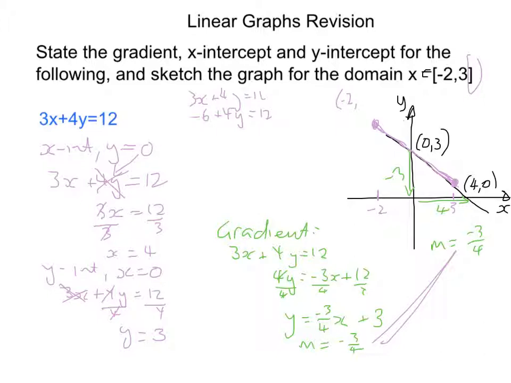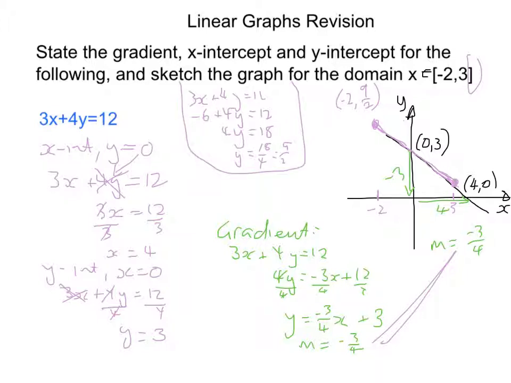Add 6 to both sides gives us 4y is equal to 18. And divide both sides by 4, we get y is equal to 18 over 4, which is 9 over 2 as a fraction, like so.